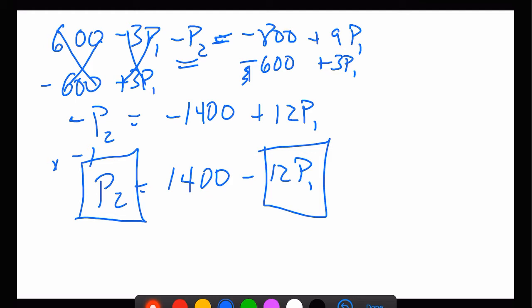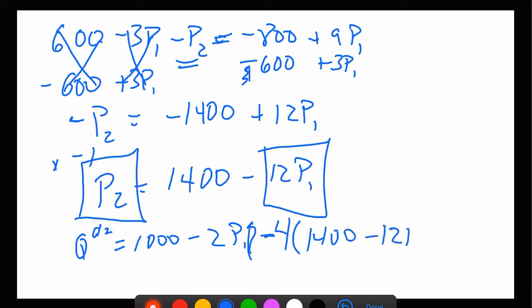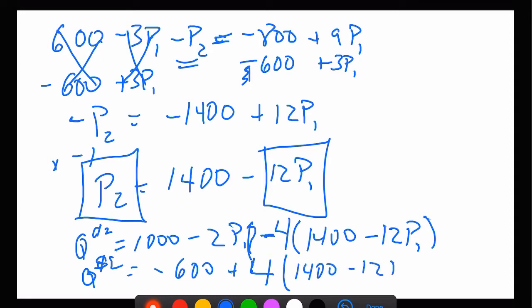Now I have this other equation. So I can say QD2 equals 1,000 minus 2P1 minus 4 times (1,400 minus 12P1), and QS2 equals minus 600 plus 4 times (1,400 minus 12P1).